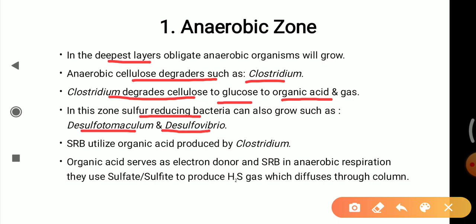Sulfur-reducing bacteria utilize the organic acid produced by Clostridium. The organic acid serves as an electron donor.